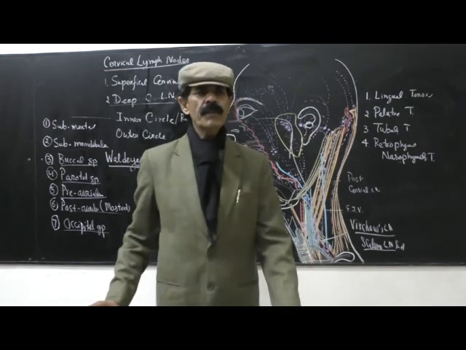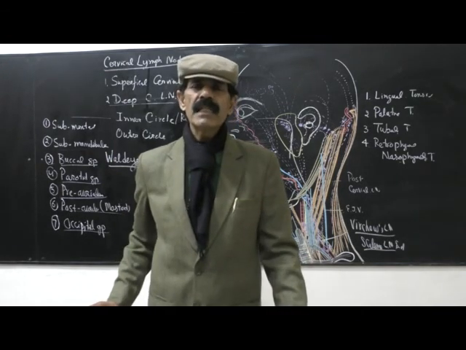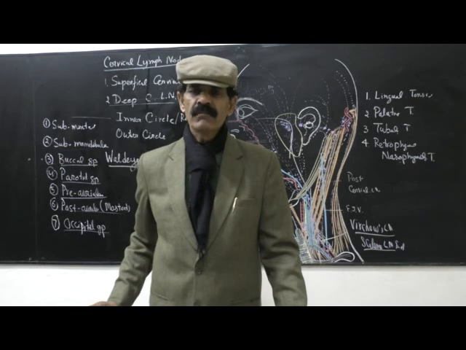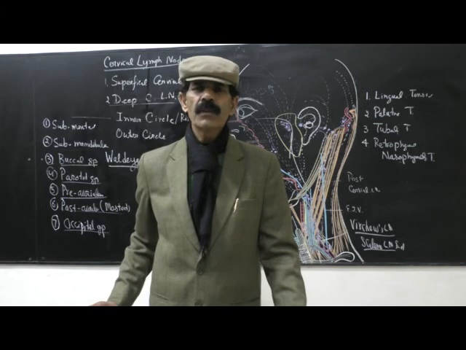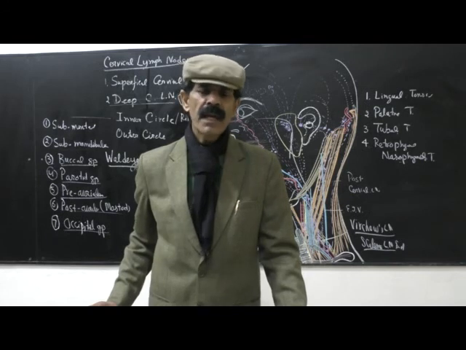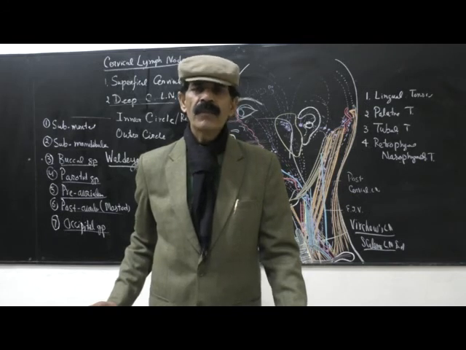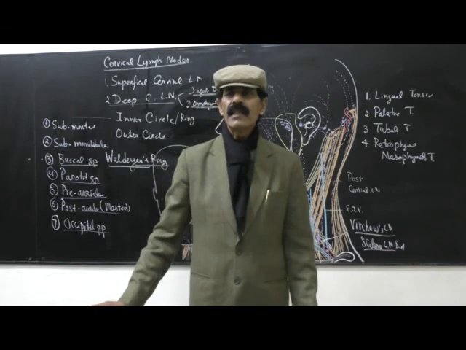So precaution should be taken not to injure these veins. Otherwise, in a simple OPD local anesthesia procedure to get the biopsy of these lymph nodes, the patient may die sometimes if accidentally the veins are cut.